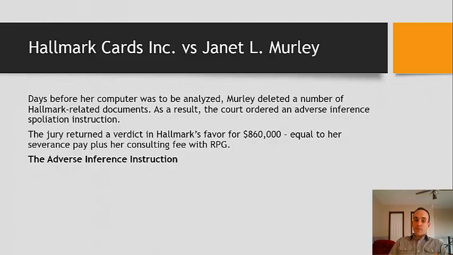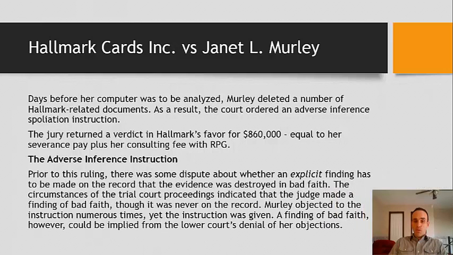I did have to do a little bit of research because I didn't actually know what the adverse inference instruction was. Basically stating that prior to the ruling, there was a dispute about whether an explicit finding had been made on the record, and that the evidence was destroyed in bad faith.